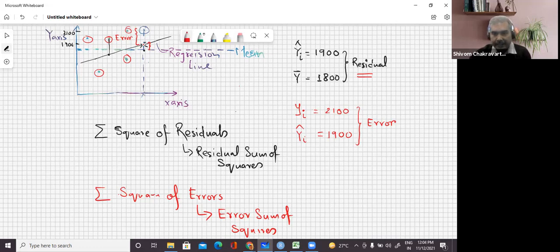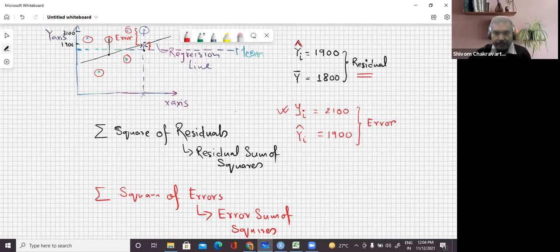The mean is y bar. The predicted point is y hat, the y with the arrow on top, which is called hat. And the first point is the actual value that we denote by yi.